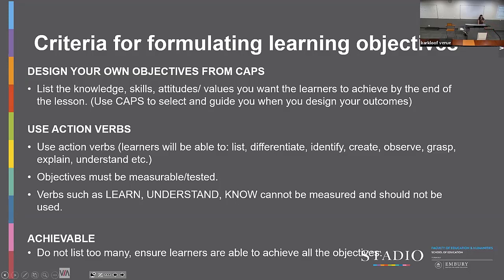Right. Please, if you're a mathematics teacher, do not write under values, my learners will develop a love for maths. Because how will you test or measure that? And we have a lot of students that do that. They say, my learners will develop a love for maths.